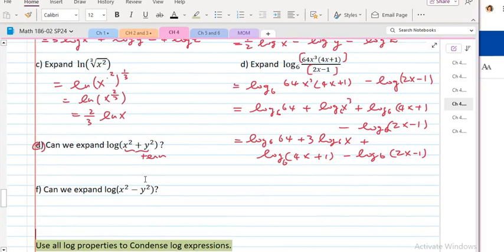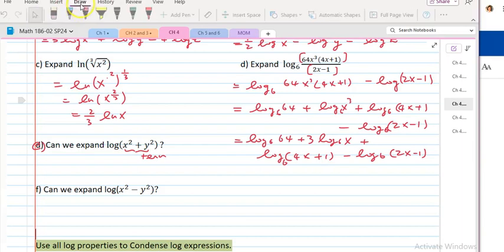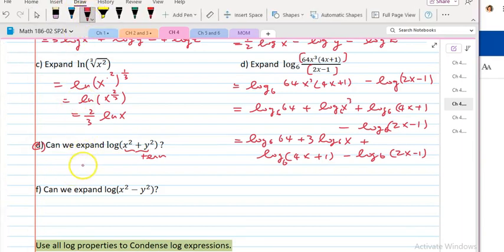So the first E is no, right? This one is no because these are not products, they are terms. But this I can. And yes, why? Because I can factor them as a product: x plus y times x minus y.